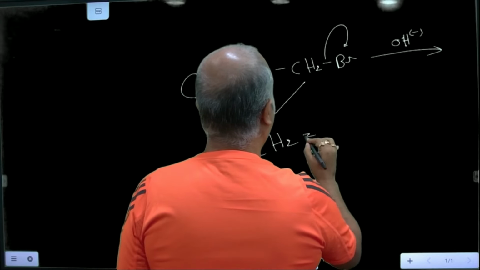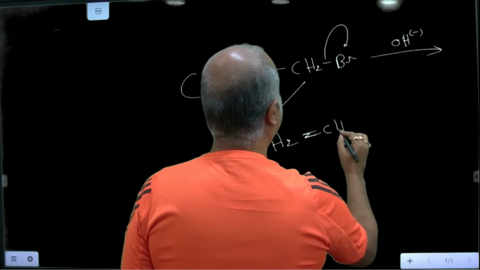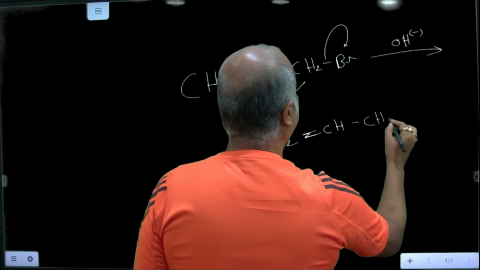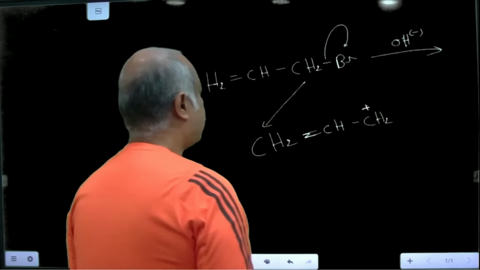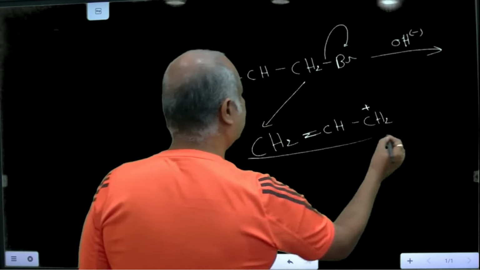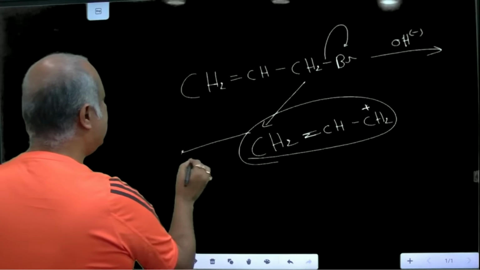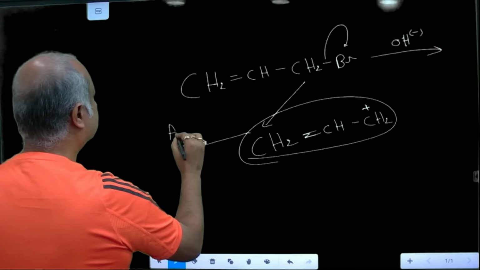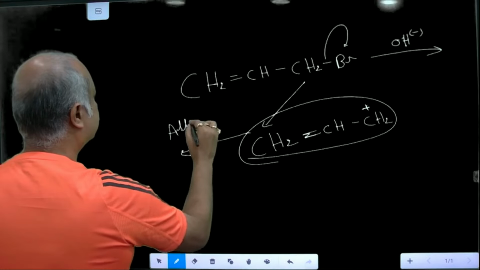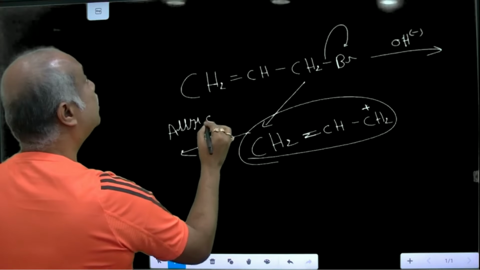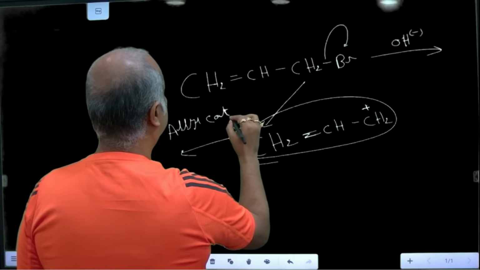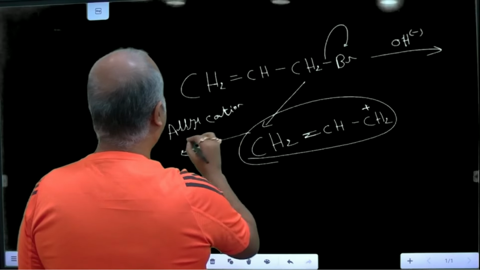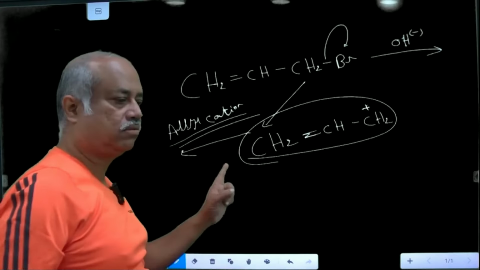CH2 double bond CH and CH2 plus. And this is the allyl cation. Stable carbocation.